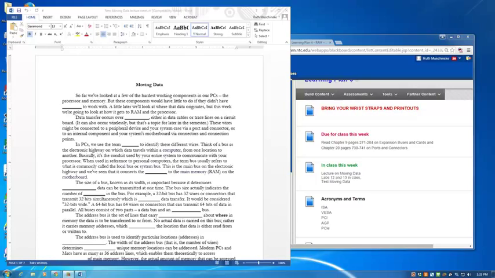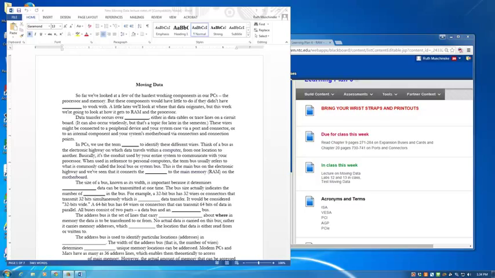The bus size actually indicates the number of wires in the bus. So for example, a 32-bit bus has 32 wires or connectors that transmit 32 bits simultaneously, which is parallel data transfer. It would be considered 32 bits wide. A 64-bit bus has 64 wires or connectors that can transmit 64 bits of data in parallel.